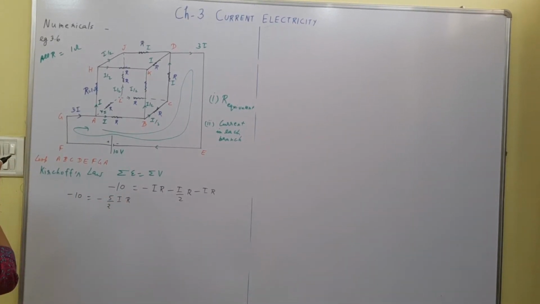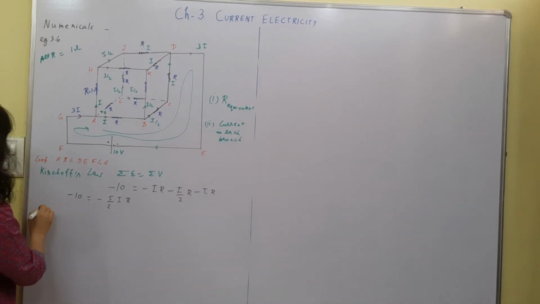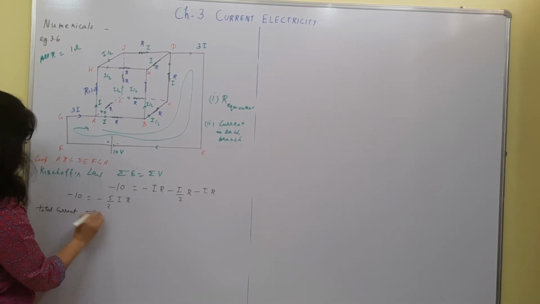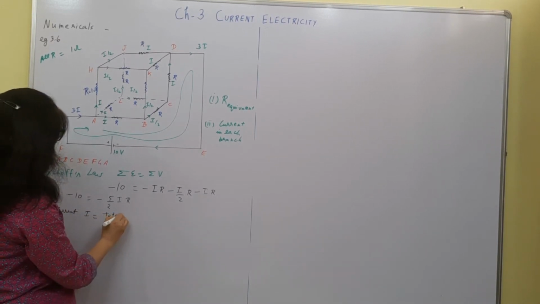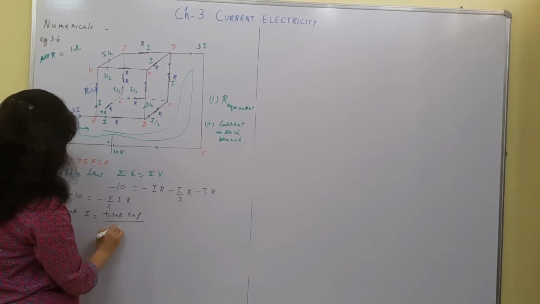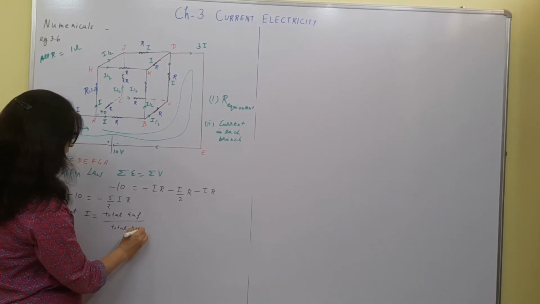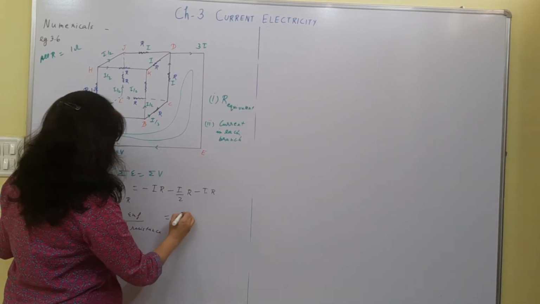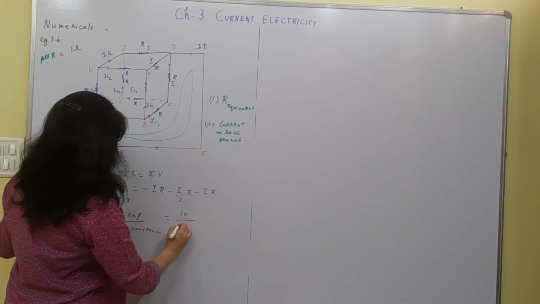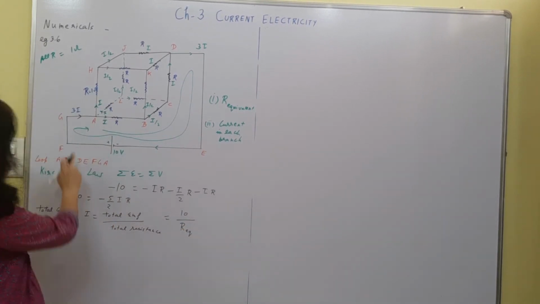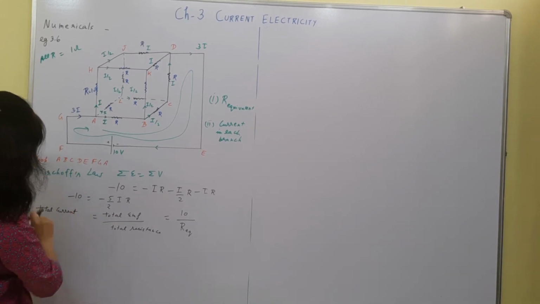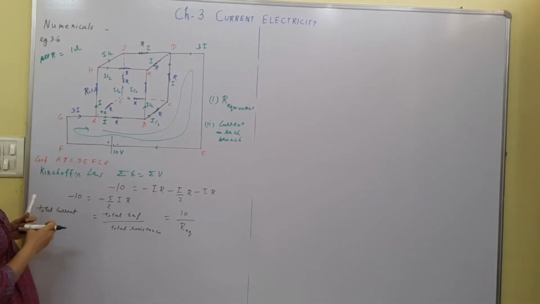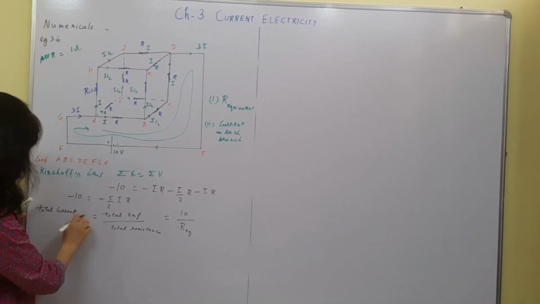Now we can find the total current I is equal to total EMF upon total resistance, right? From here I can write that the total EMF is 10 volt and total resistance is R equivalent, but here the total current is 3I, so I will not mention it by I. So total current is 3I, I value will be this total current upon 3.